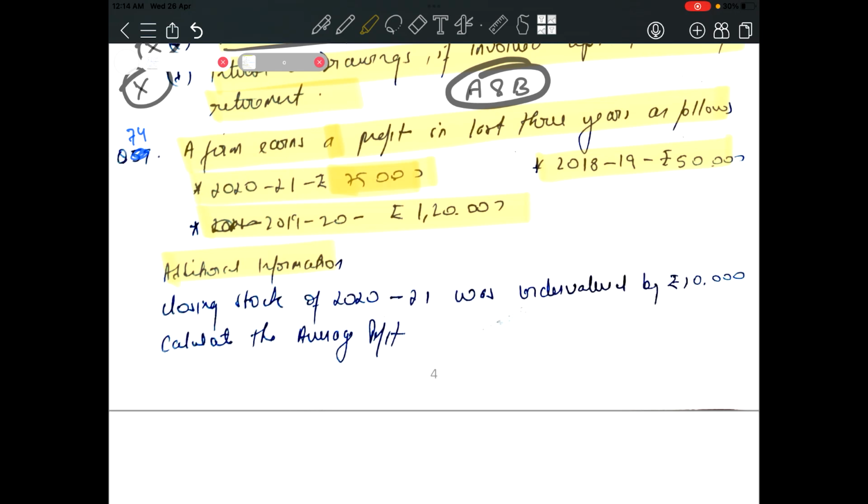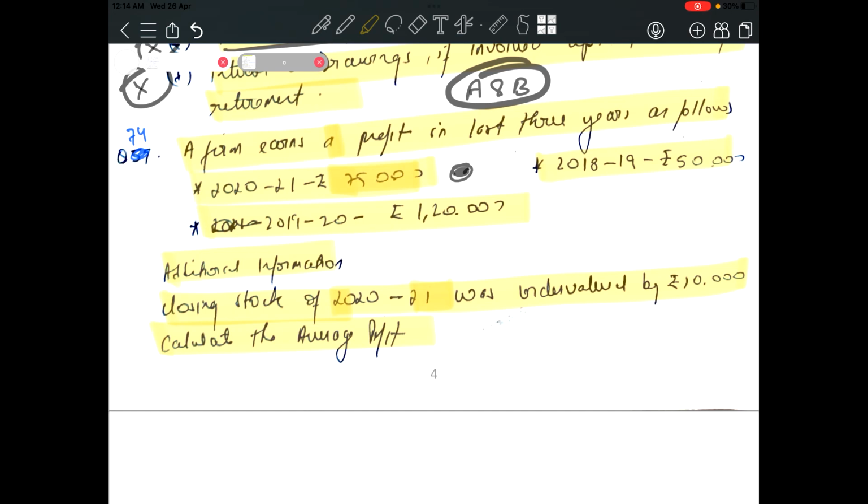Additional information is given: closing stock of 2021 was undervalued by 10,000. Basically, the question is trying to say that in 2021 we valued the stock 10,000 rupees less.